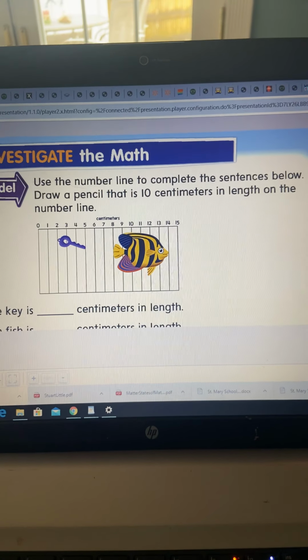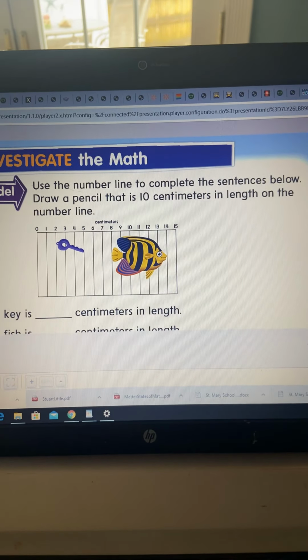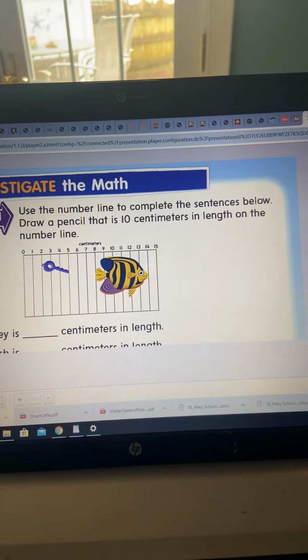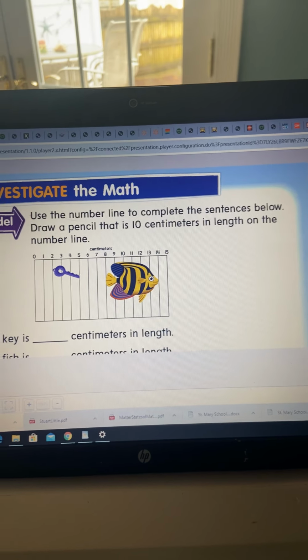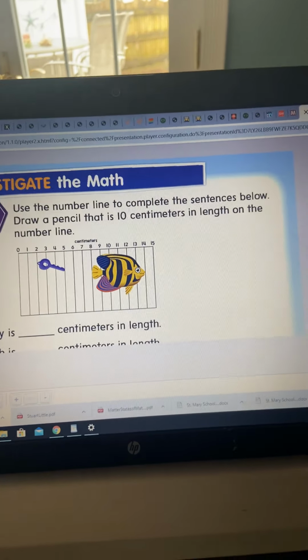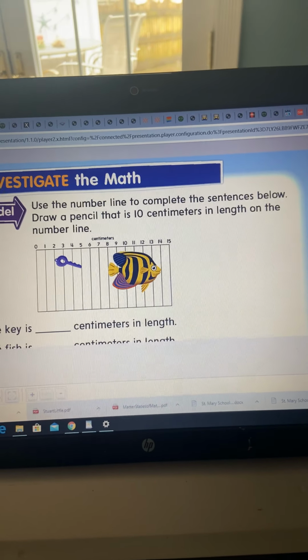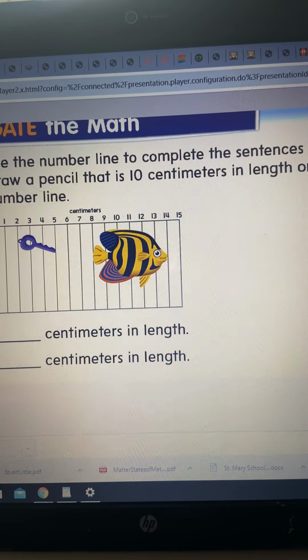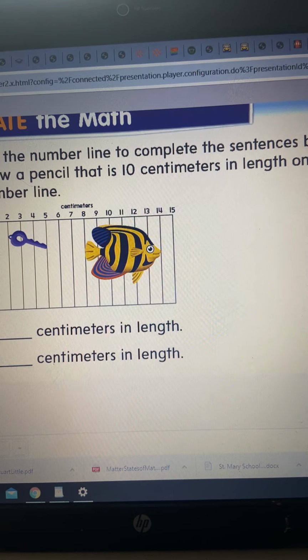All right, how long is the key? Well, we started at 2 and we ended at 5. So how many centimeters would that be? You would have to subtract 5 minus 2, and that would make it 3 centimeters long. And if you look at the fish, the fish starts at 8 and it stops at 14.